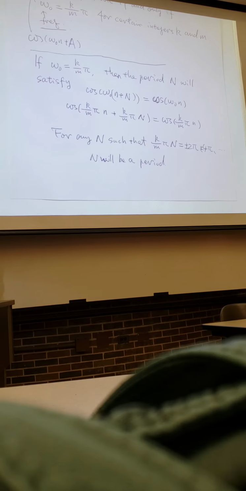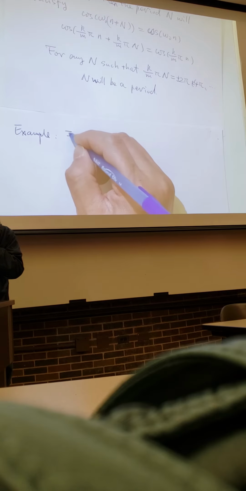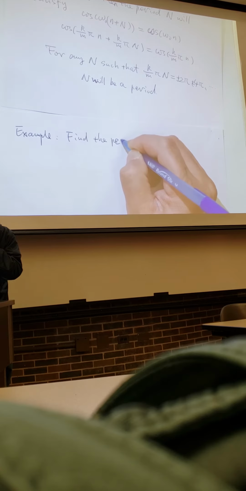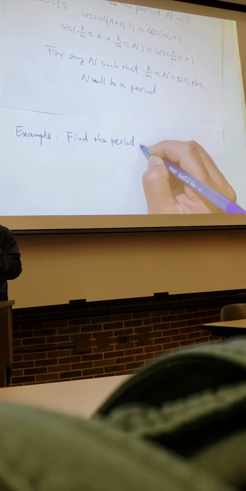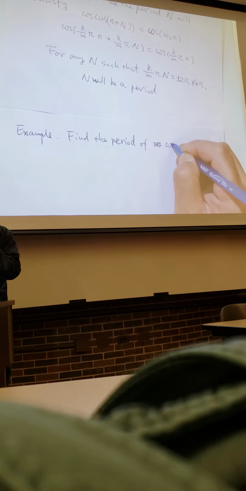Okay, and the example is: you want to find the period of cosine of any number like 7 over 11 pi, and we want to find the period of this.